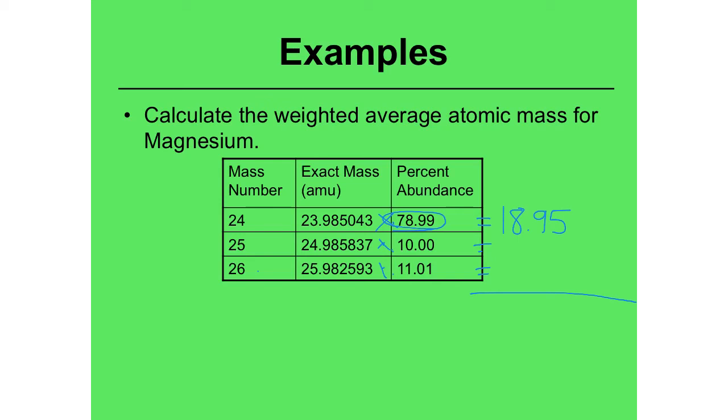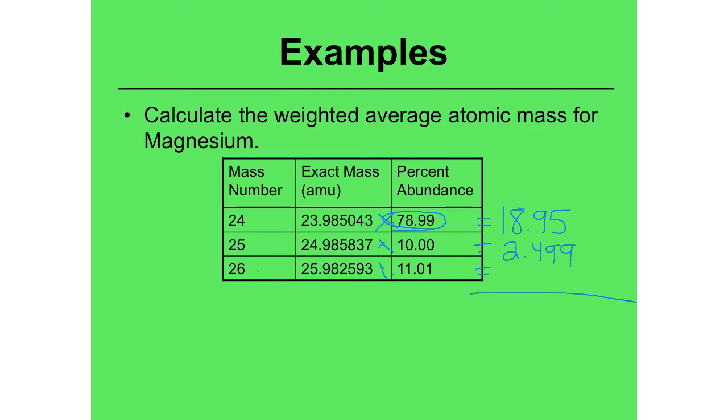All right, we do the same thing with our next set of numbers, 24.985837 times 0.1000, which gives us 2.499. We would want 4 significant figures for that one.